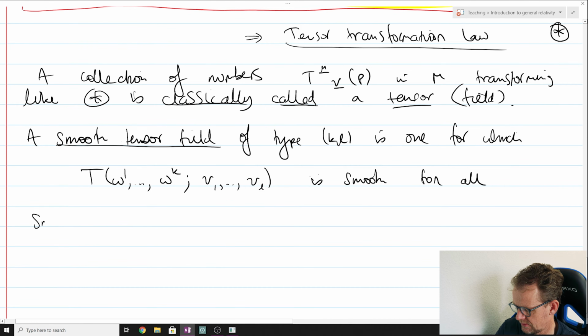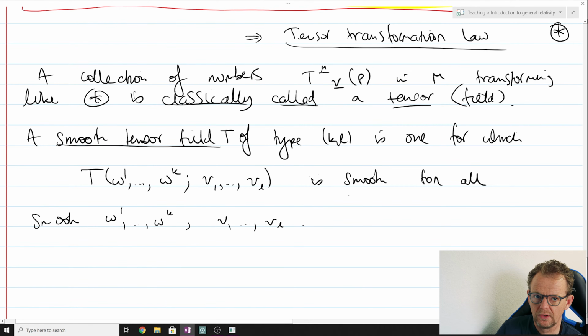So for all smooth omega 1 through omega k and smooth v1 through vl. I noticed that I haven't told you what it means to have a smooth covariant covector, dual vector.